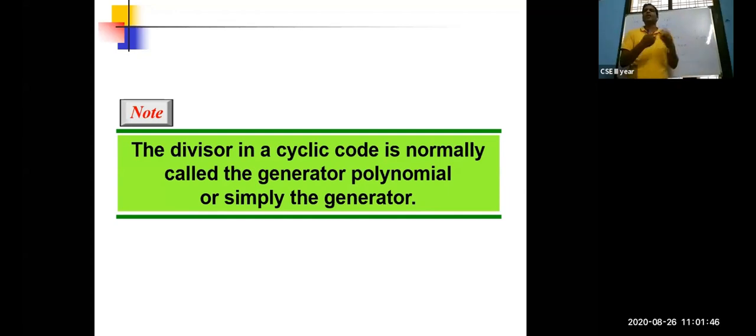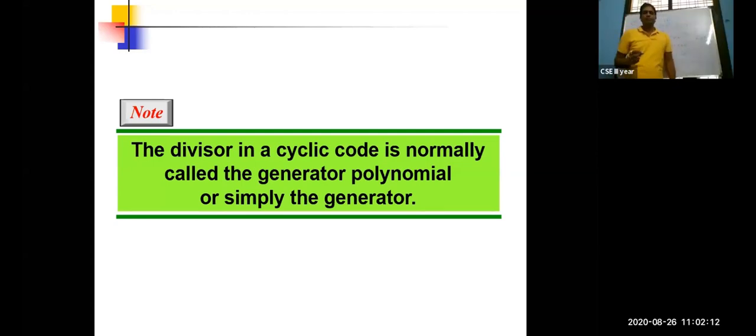We cannot just take any divisor, because if I take, in simple terms, the decimal 3 as divisor, and I have sent some 26 or something, I have made it 27. 27 is exactly divisible by 3, which will leave a remainder 0. Somehow 27 got corrupted, it became 30, it became 33, it became 36.